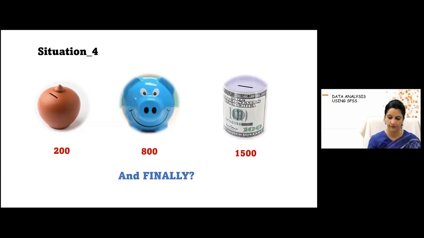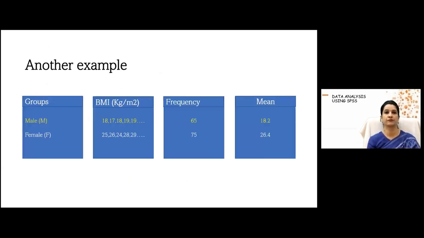Okay, so now we'll do this one example. You can see here that there is a group of male and a group of female, 5 male and 5 female. The frequency is 65 and 75, and the mean BMI is 18.2 and 26.4.